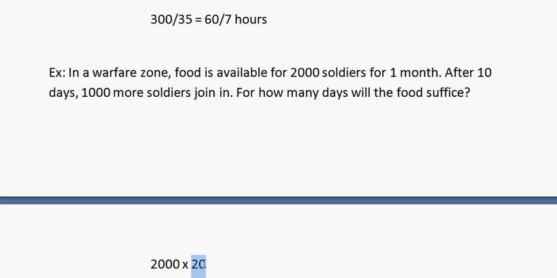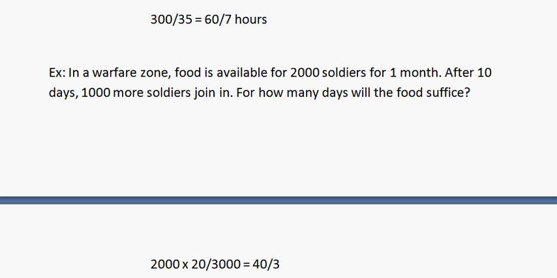But now 1000 more soldiers join, so the total soldiers become 3000, and the total units of food we have is 2000 into 20. So how many days would it suffice for? It would be 2000 into 20 divided by 3000, which is equal to 40 by 3, right?